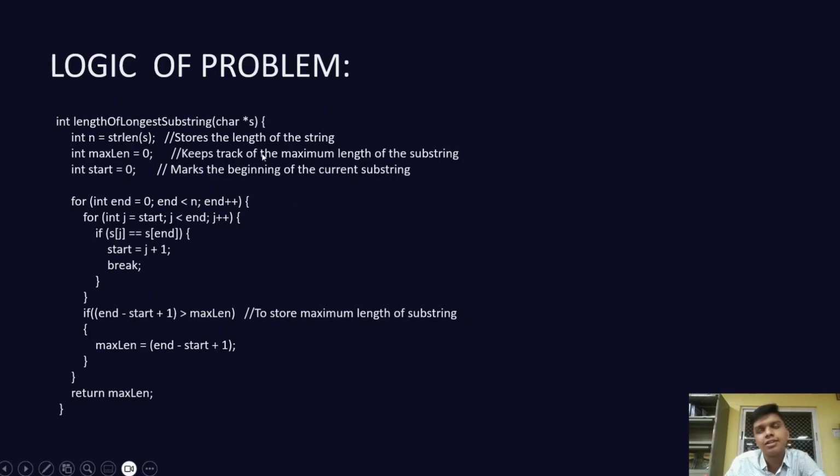Let us take an example, ABCAB. The length of ABCAB is 5. So here end is 0, and 0 is less than 5, so it will enter the inner for loop. This is the inner for loop, and here goes the operation.